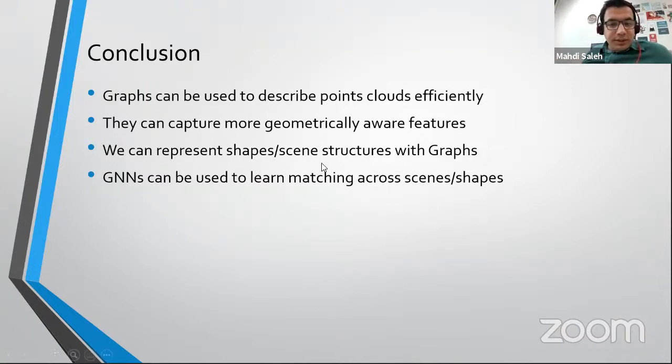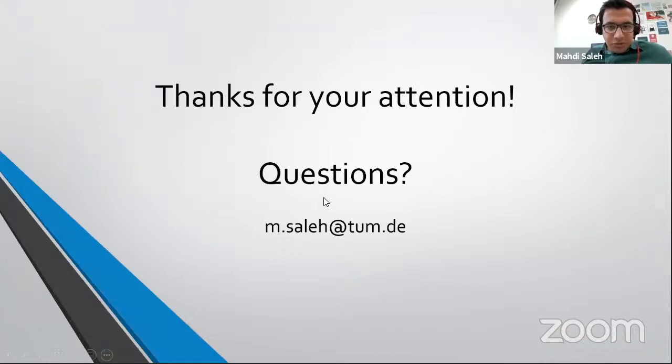They can also represent shapes or scene structures with a scene graph or a shape-level graph. You can use graphs to represent scene-level information. And then you can use GNNs to also learn matching across different scenes or different shapes using self and cross attention concepts. So this was my final slide.